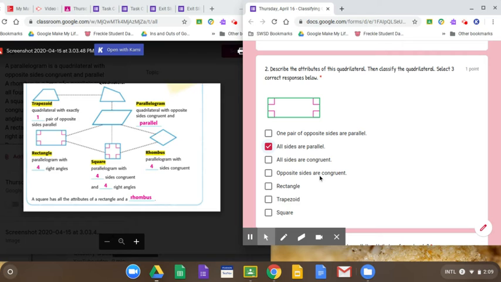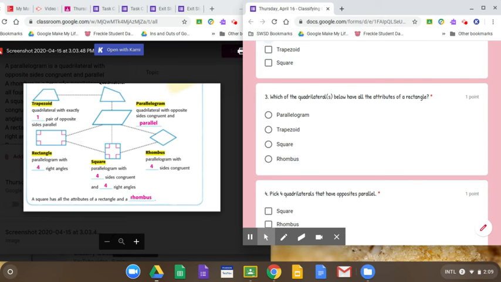I saw a lot of people make the mistake of putting all sides are congruent, but that means that all sides are the same length. And in a rectangle, not all sides are the same length. Their opposite sides are the same length. So opposite sides are congruent should be your answer for that one. And then it's a rectangle. So that would be the answer for that one.